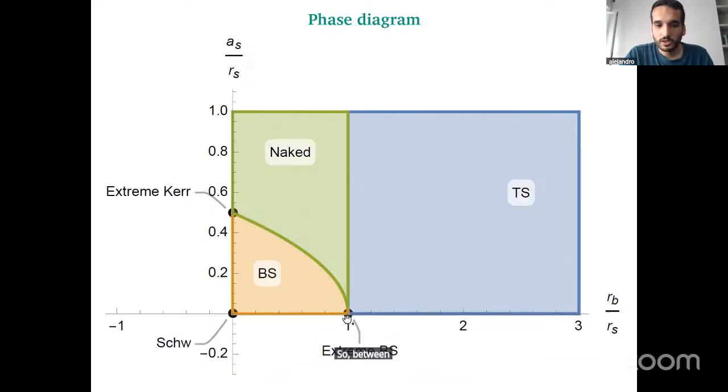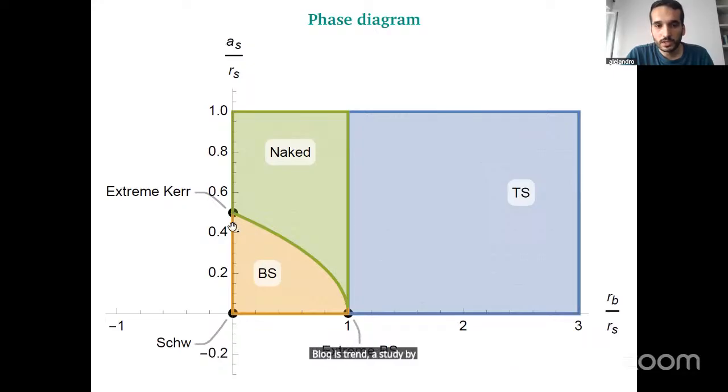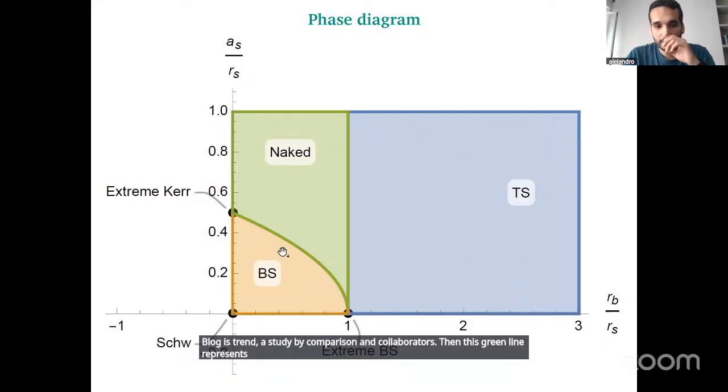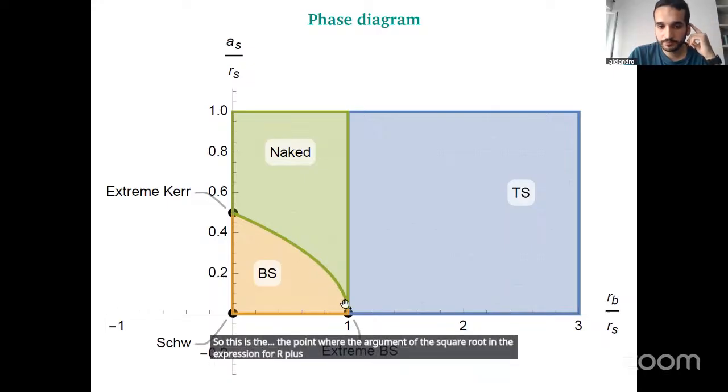Between 0 and 1, in this orange region, you have the non-extremal magnetically charged black string studied by Compère and collaborators. Then this green line represents the extremal limit of the solution, and beyond this you have a naked singularity. This is the point where the argument of the square root in the expression for R plus vanishes.